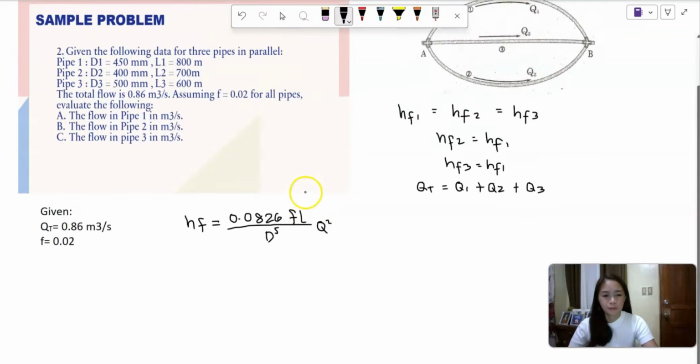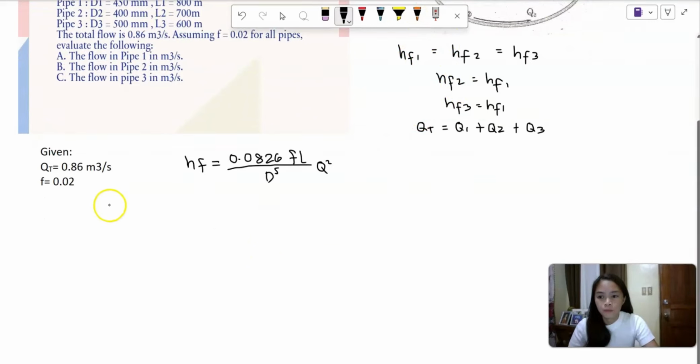First, we need to get an equation of Q sub 2 in terms of Q sub 1 and Q sub 3 in terms of Q sub 1, so that we can identify the value of Q sub 1 or the flow in pipe 1. By that, we will use these two equations here. So HF2 is equals to HF1.